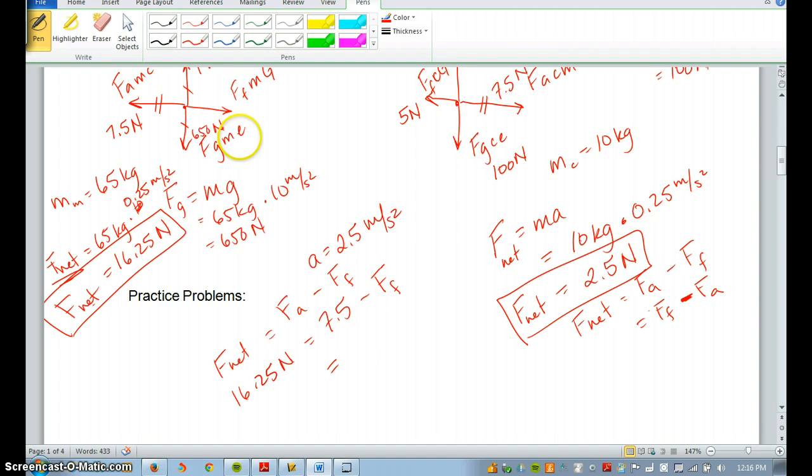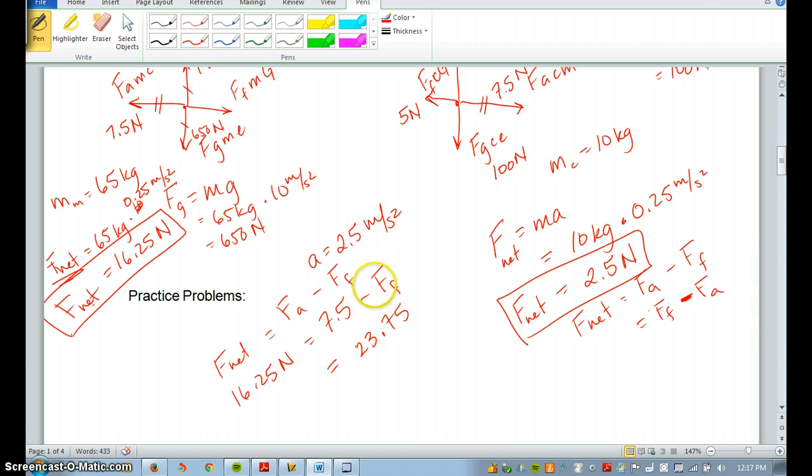Let me pause this for 1 second. So I need to ask myself, what value is going to give me a number that's going to be 16.25? And so the way I can do it is I can add these two together. So my number should be 23.75.